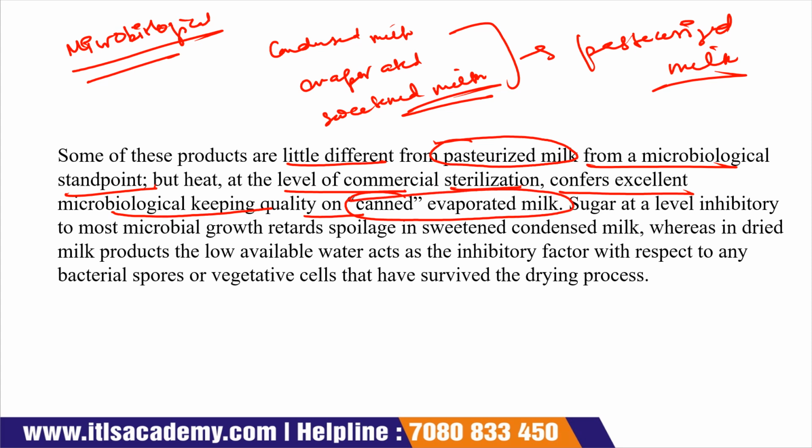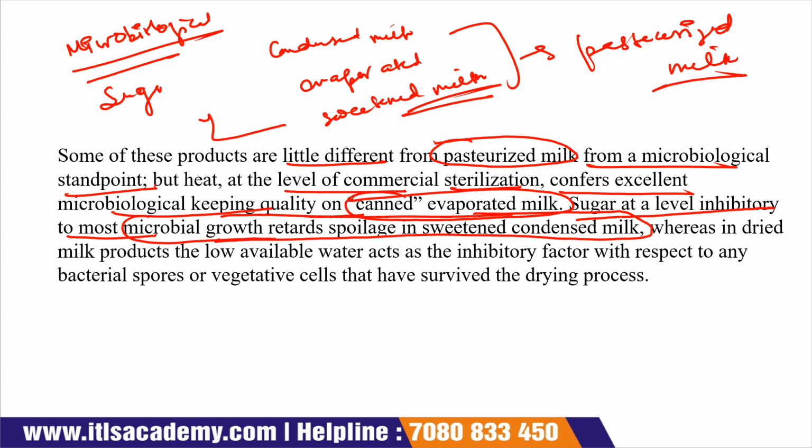If we have excellent microbiological quality, then we have to keep in mind that canned evaporated milk has the best quality from a microbiological point of view. Sugar at a level inhibitory to most microbial growth retards spoilage in sweetened condensed milk. So in sweetened condensed milk, we add sugar, and the sugar retards the growth of microorganisms.